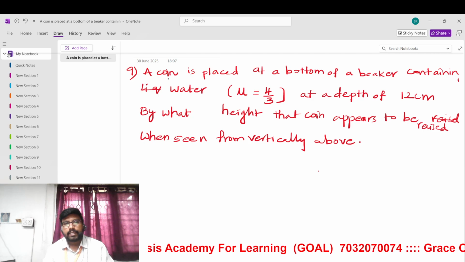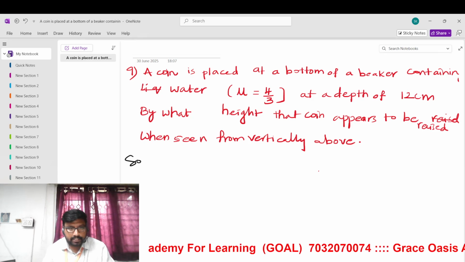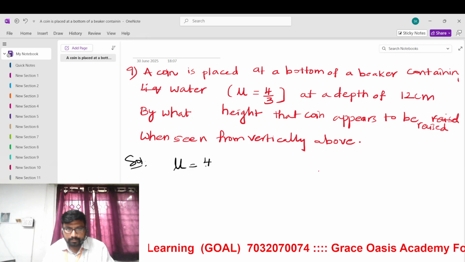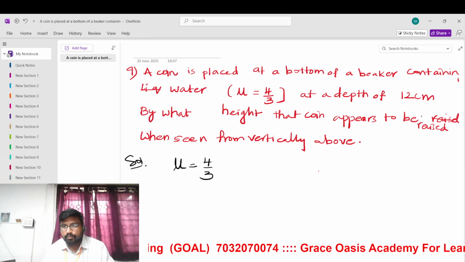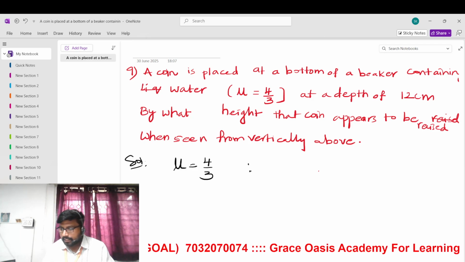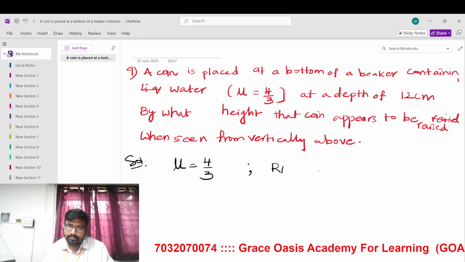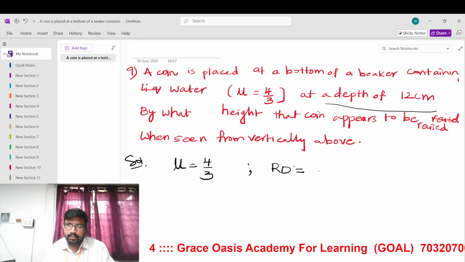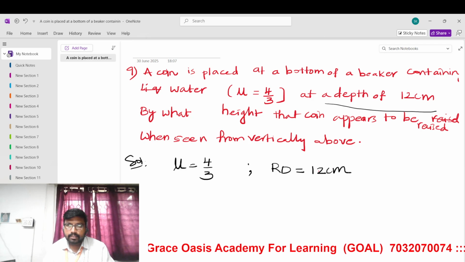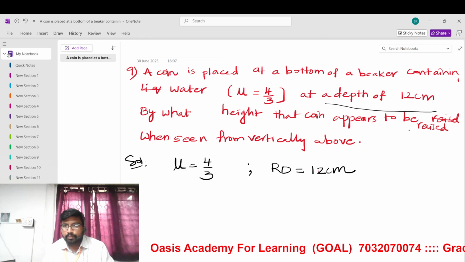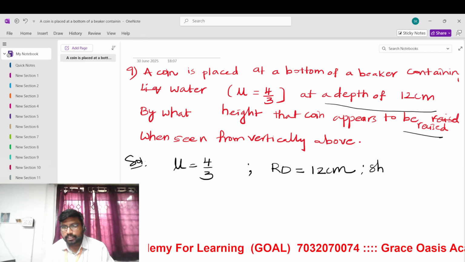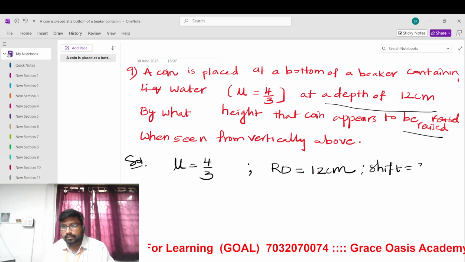Mu, the refractive index, is given as 4 by 3. At a depth of 12 centimeters means real depth. Real depth is 12 centimeters. By what height does it appear to be raised? The question is: find the shift.